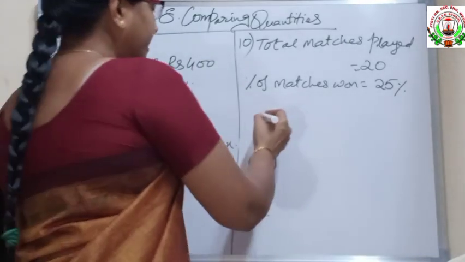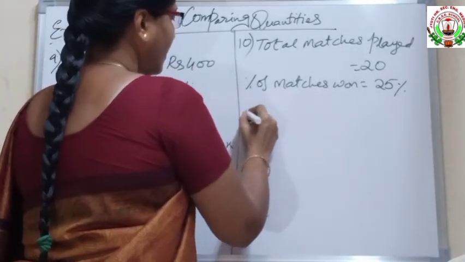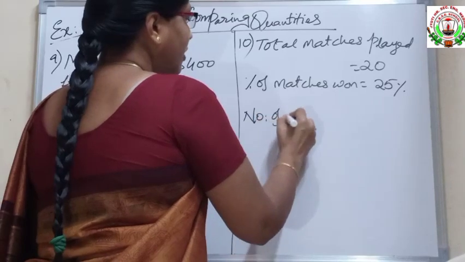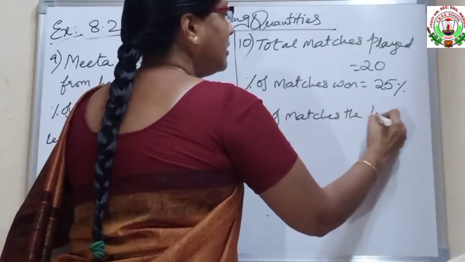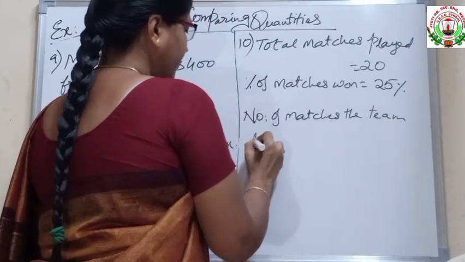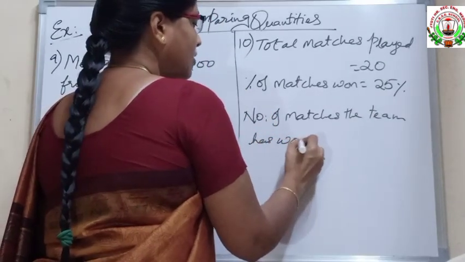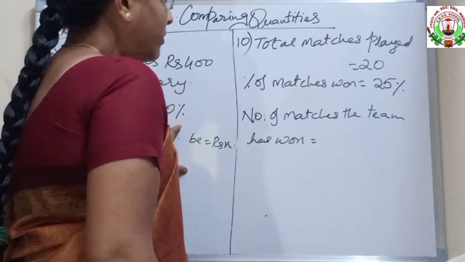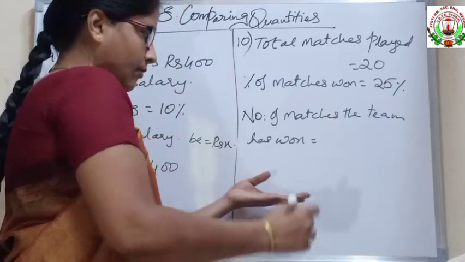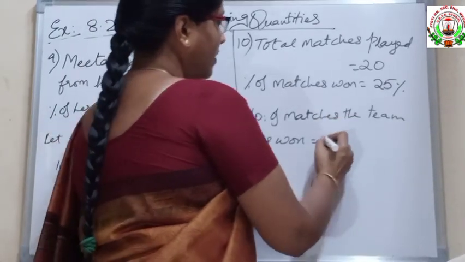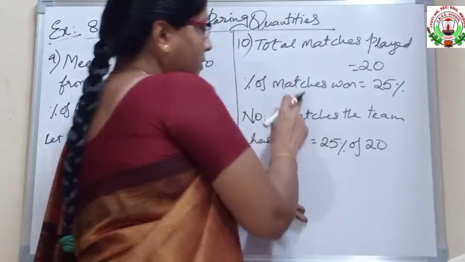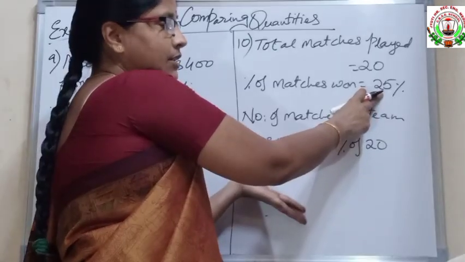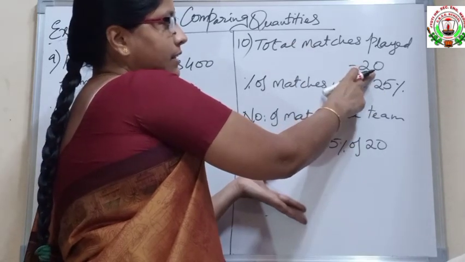So let us write, number of matches the team has won is equal to 25% of 20, because 25% of the matches they have won and total matches is 20.